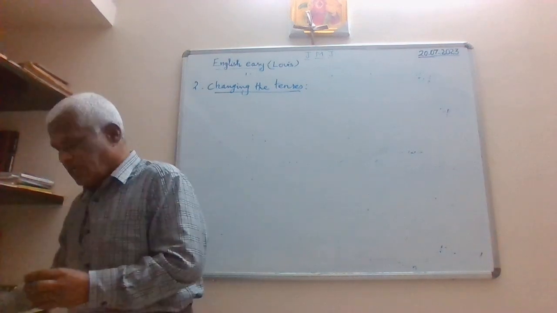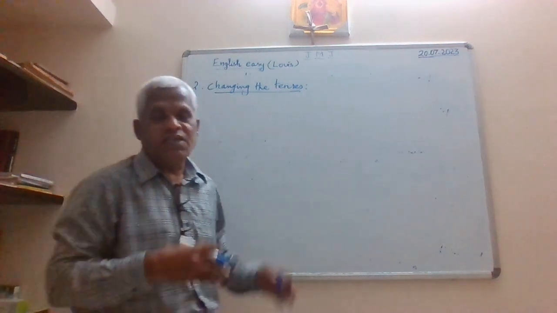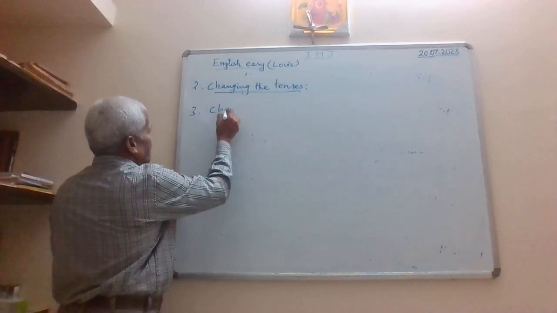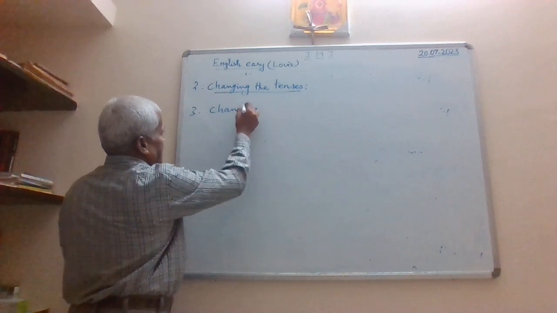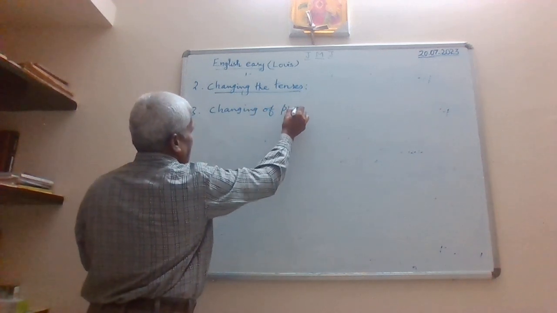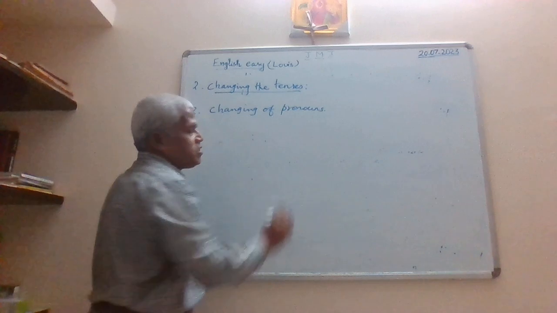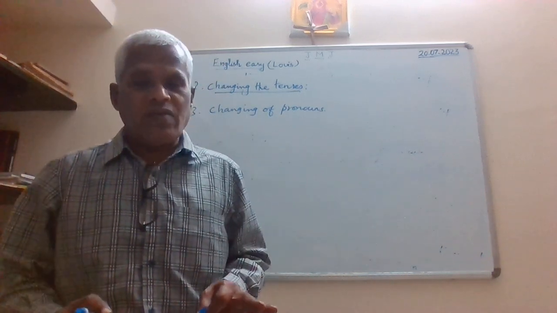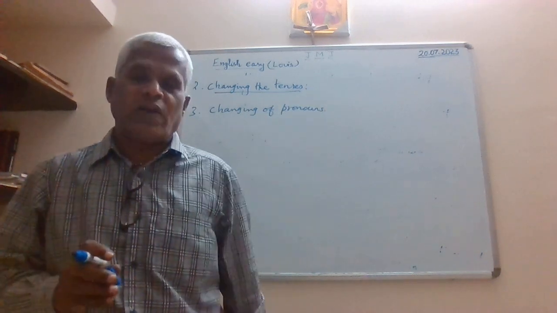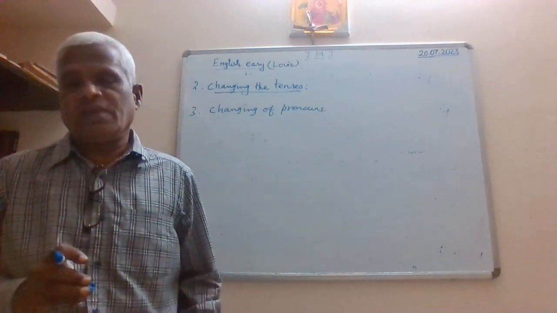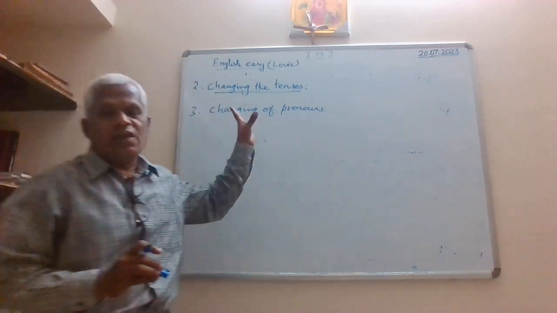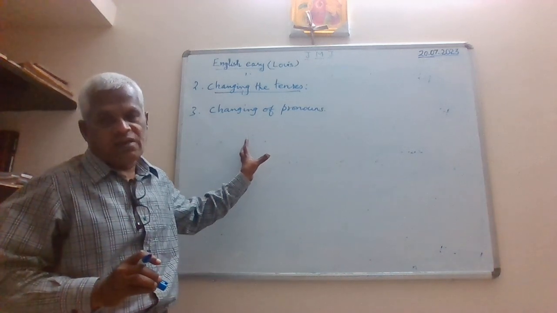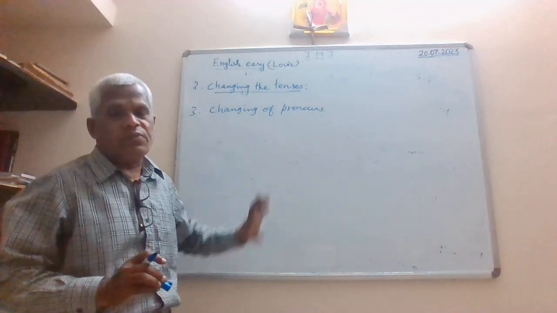Mainly it is the changing of pronouns. But when I say pronouns, there are three different kinds of pronouns that you must be able to remember. Before I go into that, you must be very clear about the three persons and whether they are singular or plural.